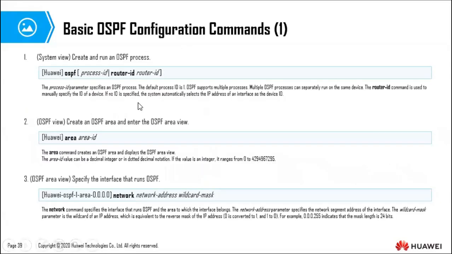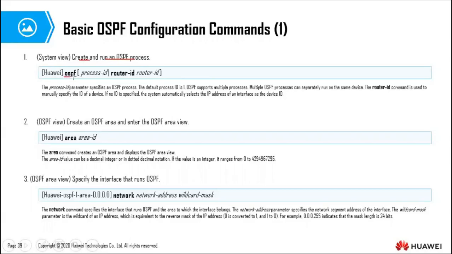Okay, so let's look at how to configure OSPF. Quite interesting stuff here. Okay, so step number 1 in system view, we have to create and run an OSPF process. How to do that?